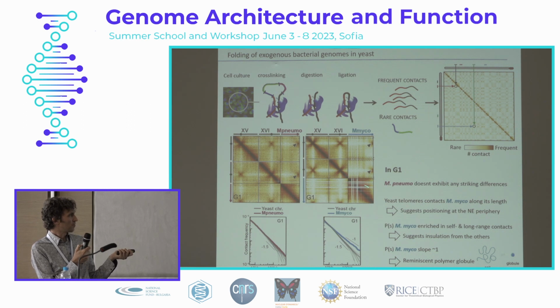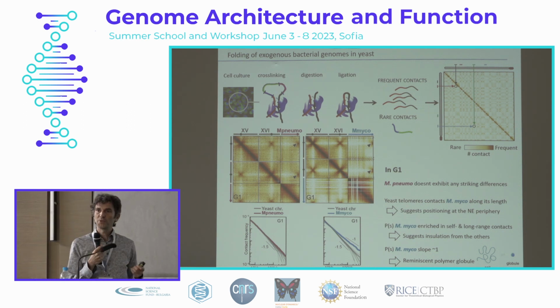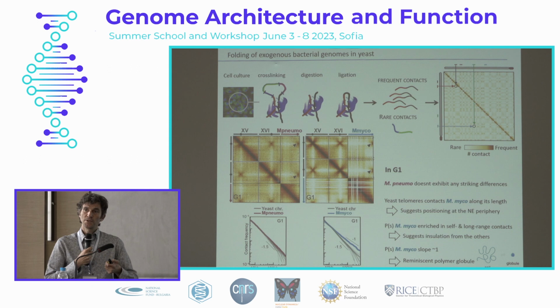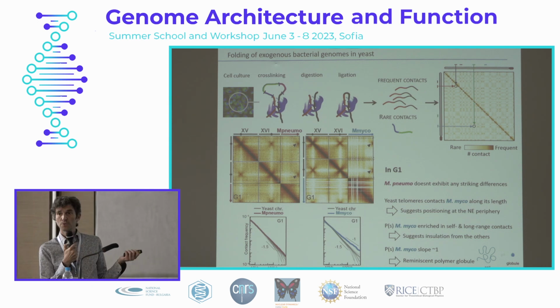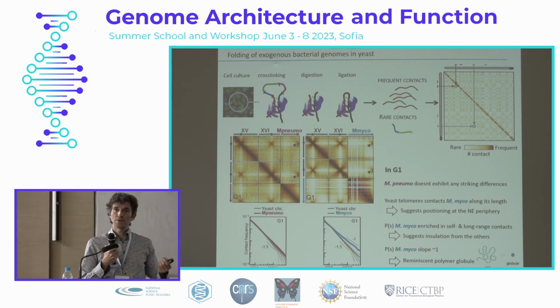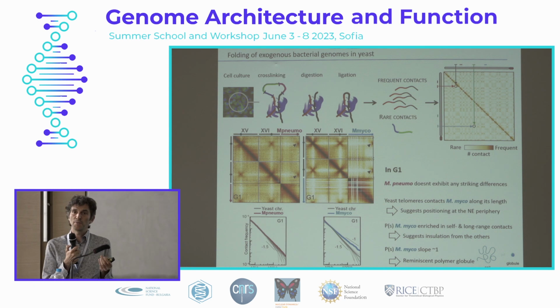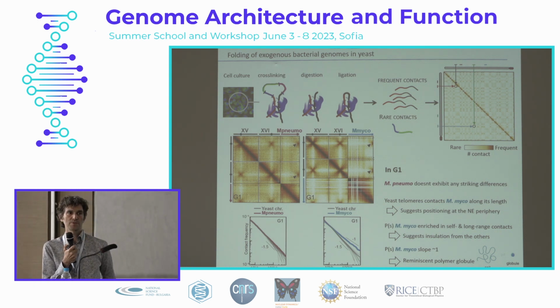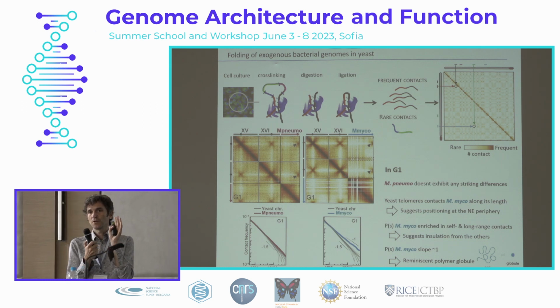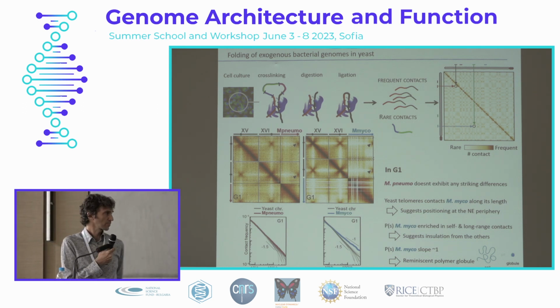There is also a tendency for the Mycoplasma mycoides genome to make more contact with itself than with the rest of the chromosomal set. So all this information suggests that the Mycoplasma mycoides chromosome is quite isolated and is making more contact with subtelomeric regions of budding yeast chromosomes, which are typically positioned next to the nuclear envelope.